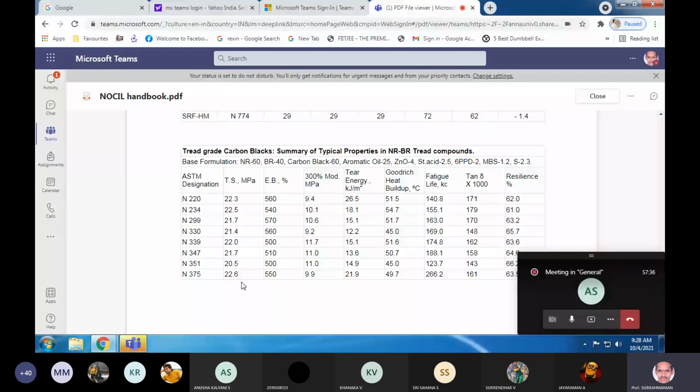Naphthenic oil does not do that. After vulcanization, aromatic oil can influence my properties. Follow. Right. So that is about the hardness specified, with reference to carbon black.